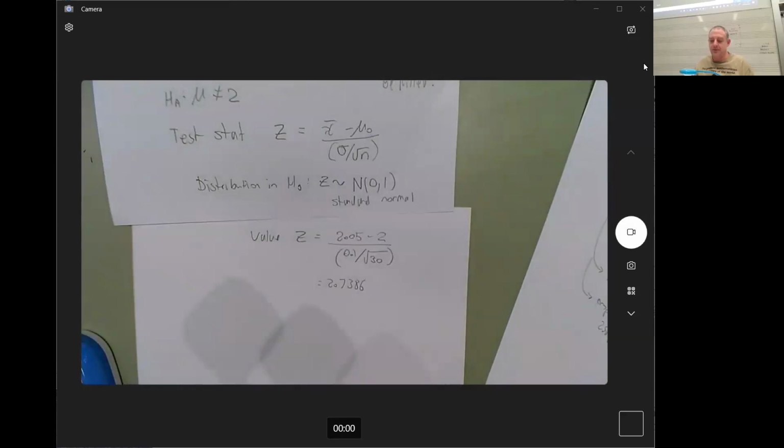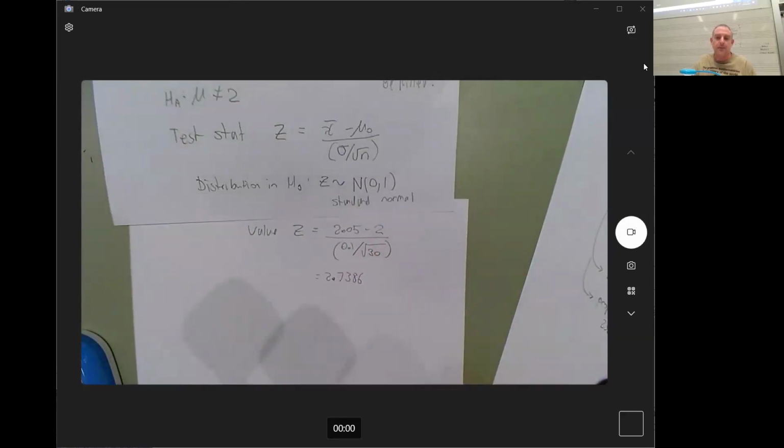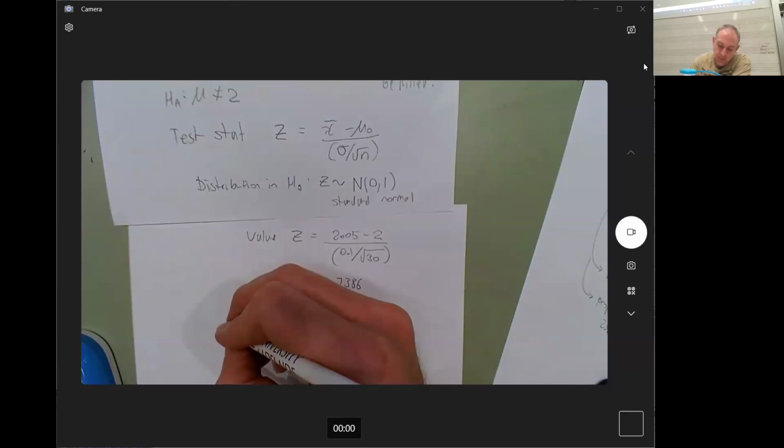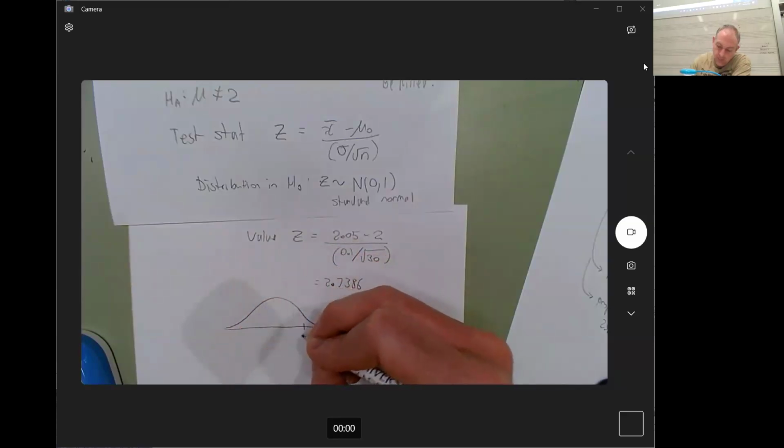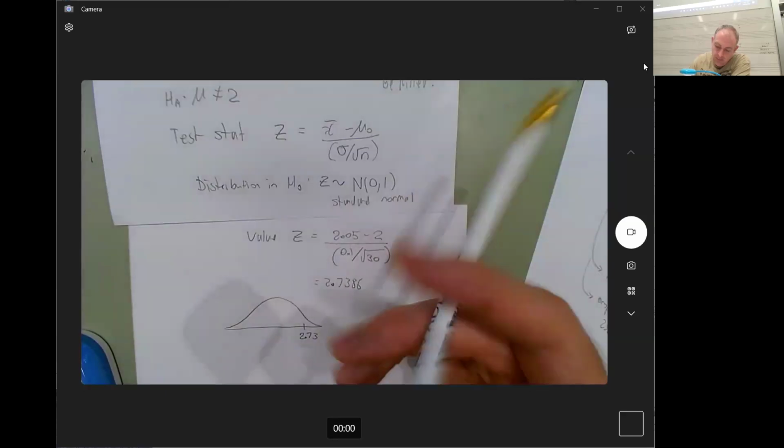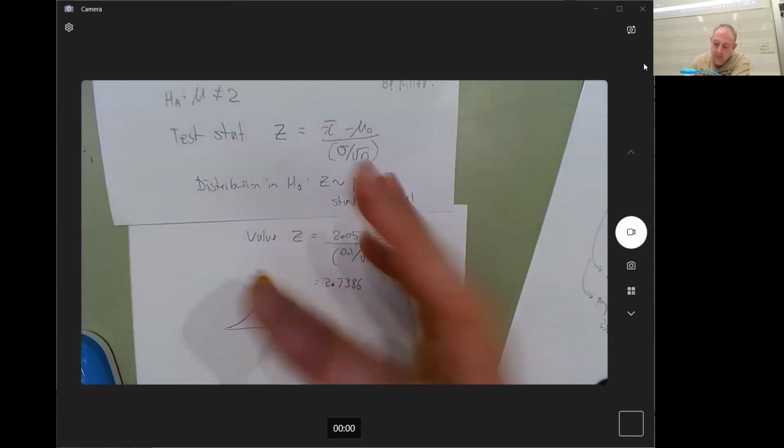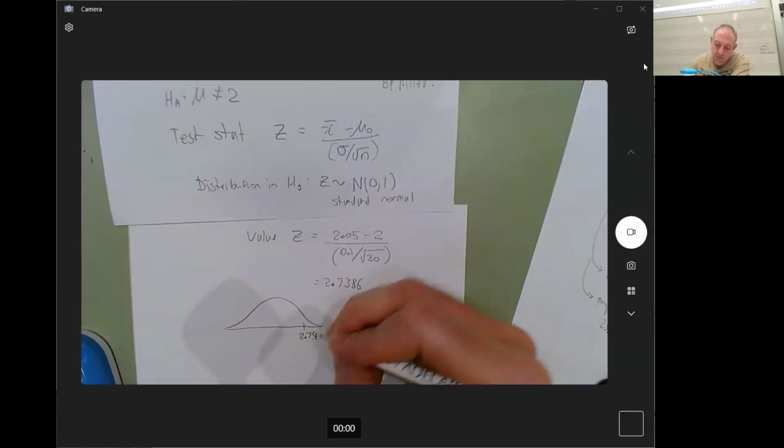I'll use 4 decimal places. It's probably not necessary. Ta-da! And then I would have to look up in the N(0,1) distribution that number. I'll round off.